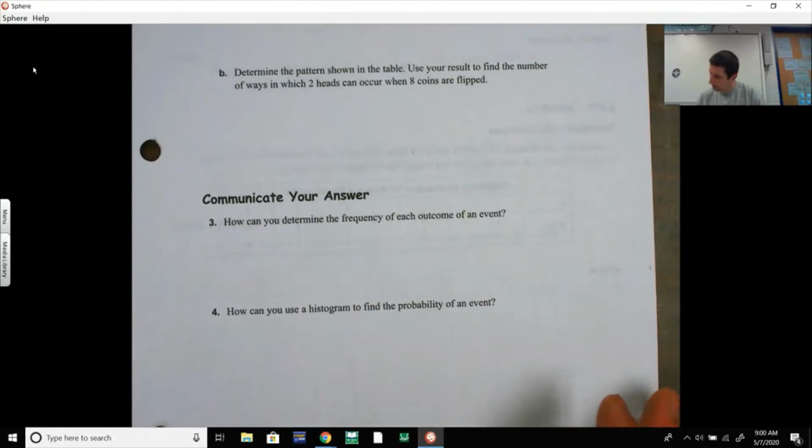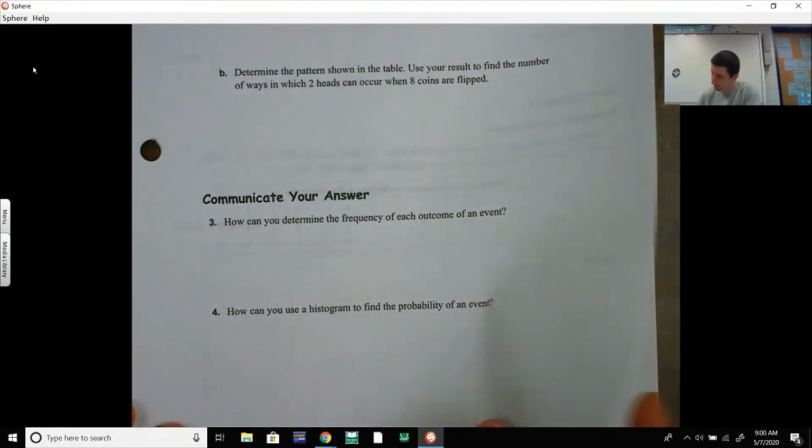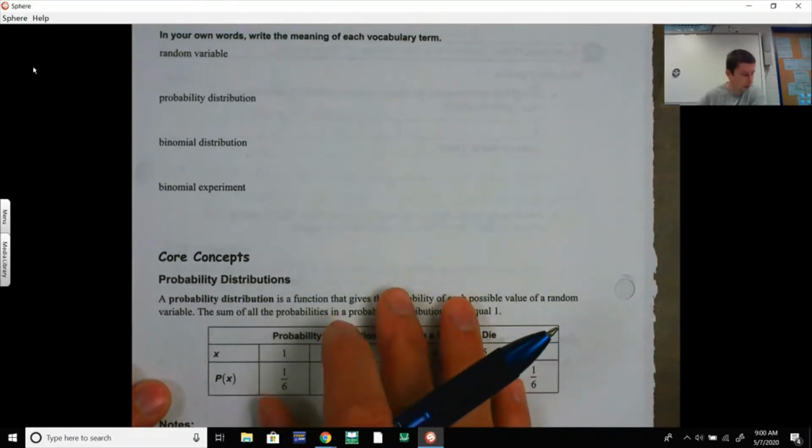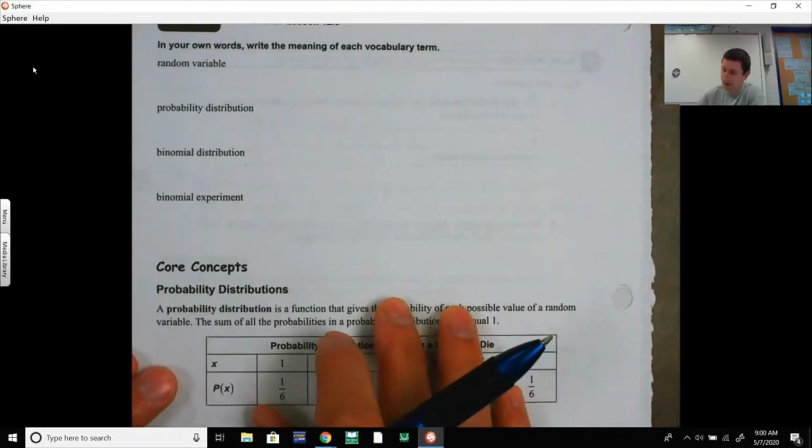Okay, so let's get into the vocab, then I'll talk to how we're going to use this. So we have a random variable, okay?